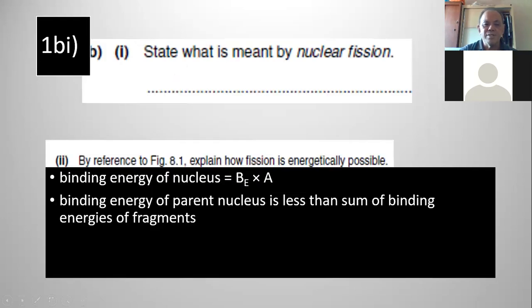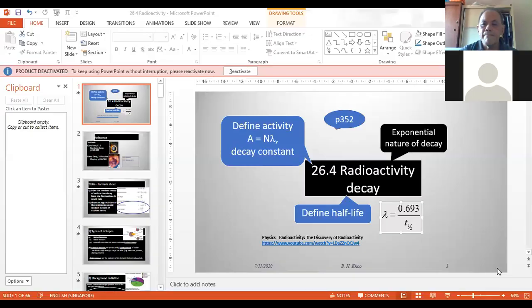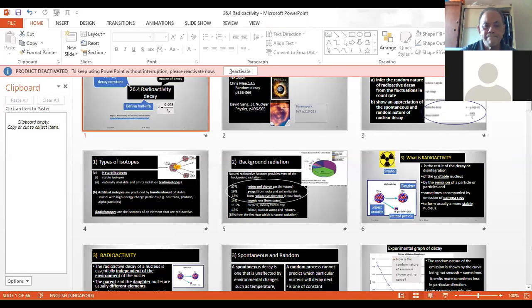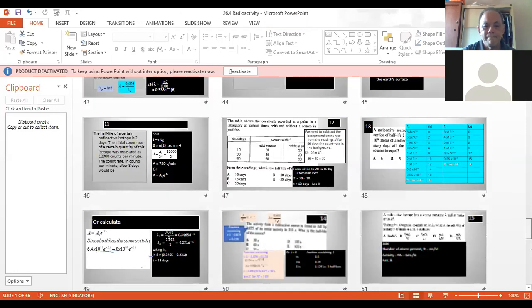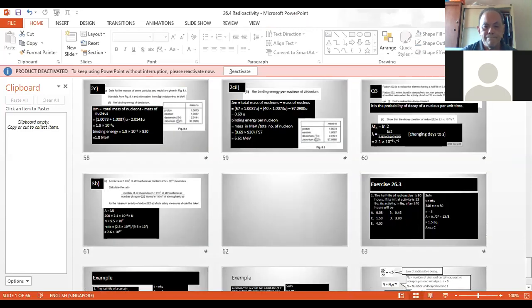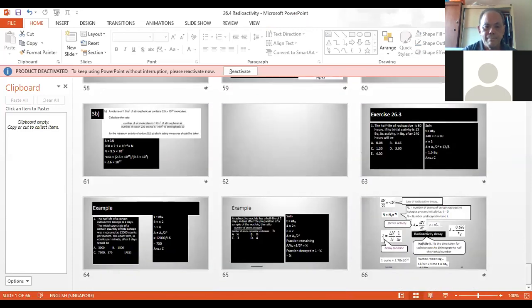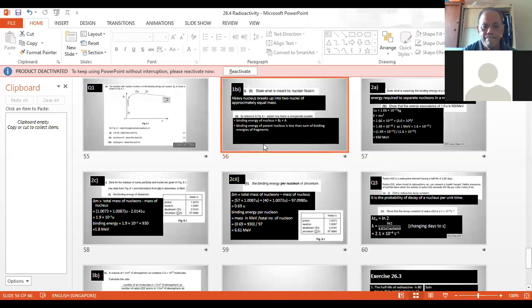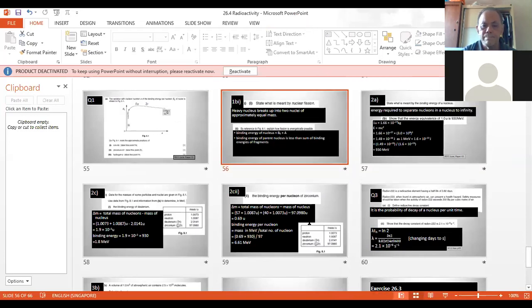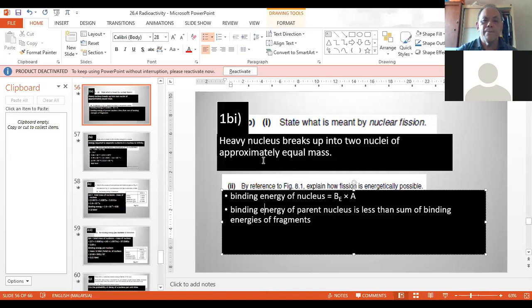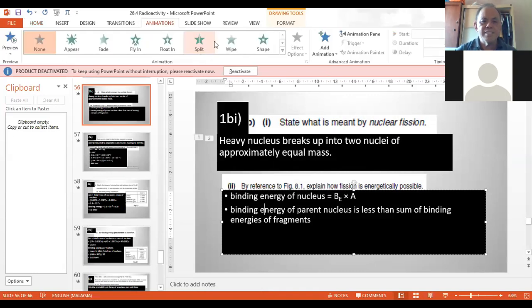State what is meant by nuclear fission. We just get rid of the answer.